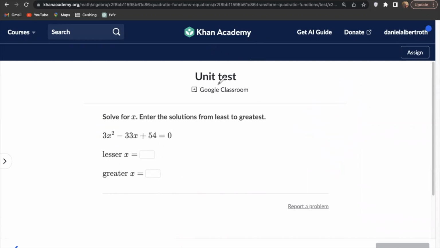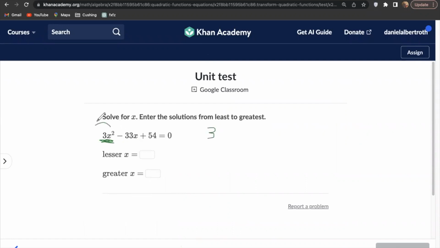Okay. So for this question, first time I tried it, I did not realize that you can pull out a common factor. So if you can, that can be a very useful strategy. It's easier to factor things when the leading term is 1x squared or just x squared. So what I'm going to do is pull a 3 out of all of this.